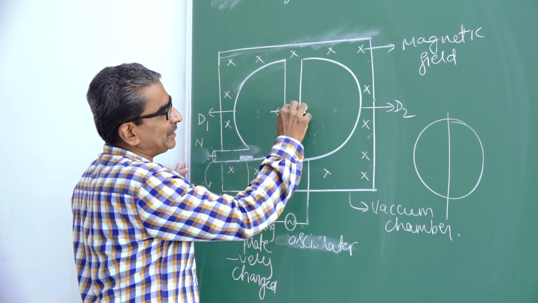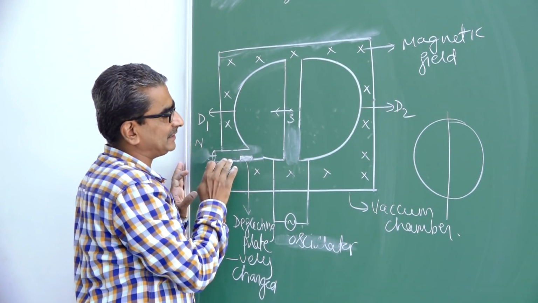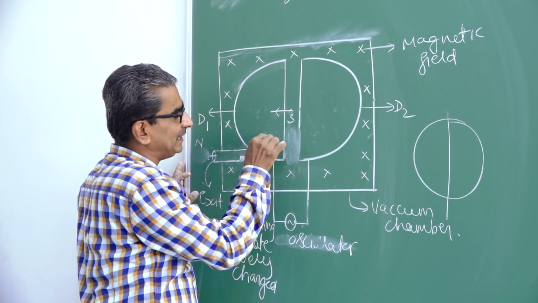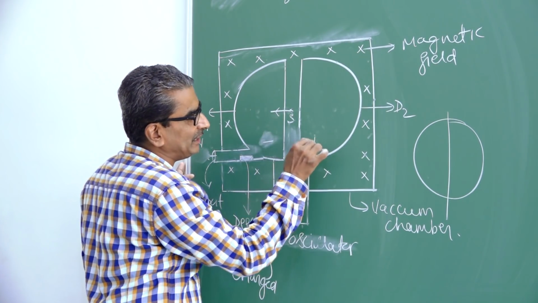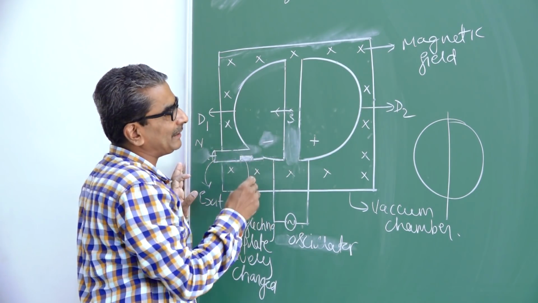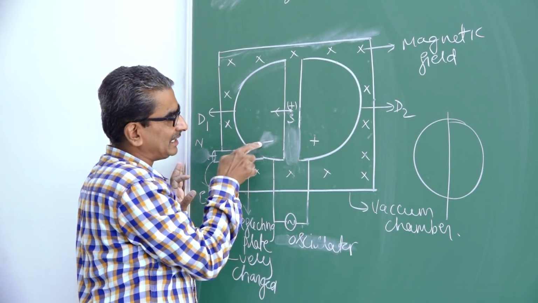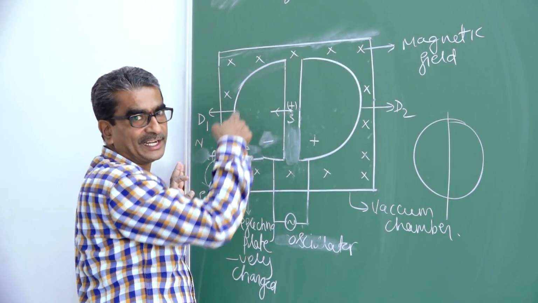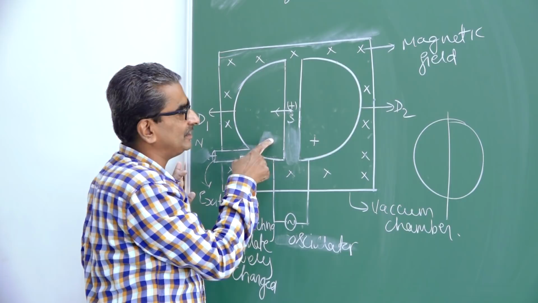Now when the charged particle enters into one of the Ds, say for example if I turn on the oscillator, then initially suppose D1 is negative and D2 is positive, then what happens? This positively charged ion is attracted by D1 because of its negative polarity, or because of its negative potential.